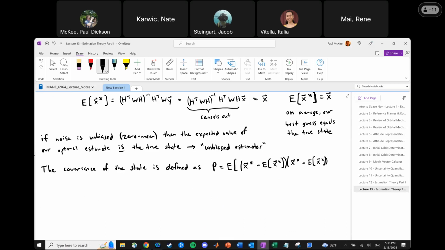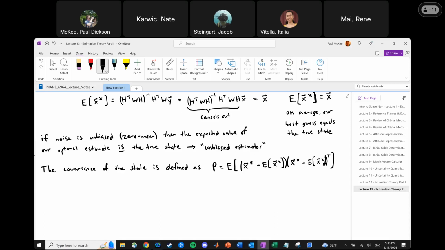Wait, that's a bracket, then it's parentheses, then it's transpose, and then it's bracket again. Okay, it gets a bit confusing. This bracket goes with this bracket, this parentheses goes with this parentheses. So it's X minus its average value times X minus its average value transposed, all of that expected value.